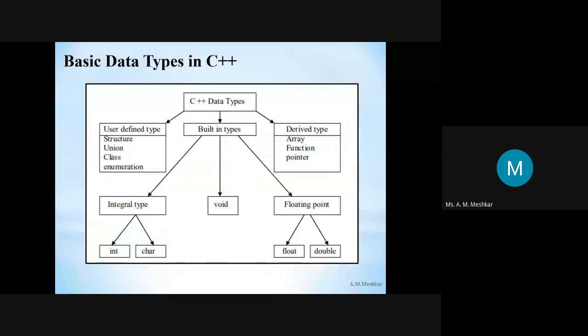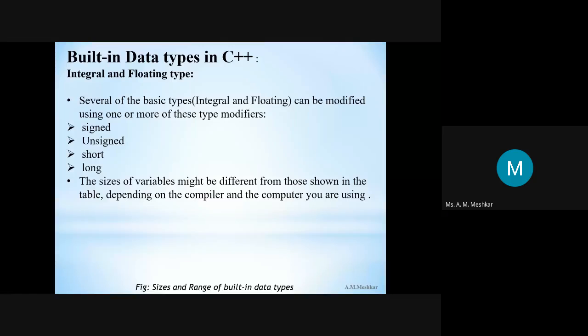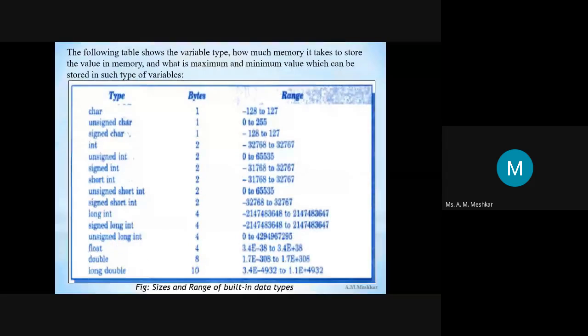We started the basic data types in C++. Among that, we completed the first two types, built-in types and user-defined data types. Built-in data types: integral, floating, and void. Integral, floating, different combinations, and their sizes in bytes.